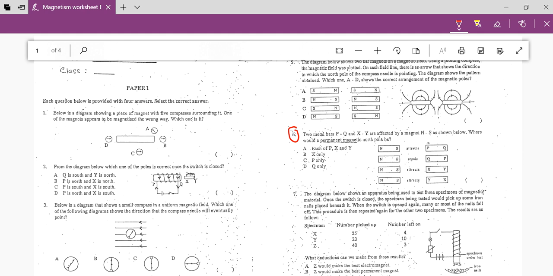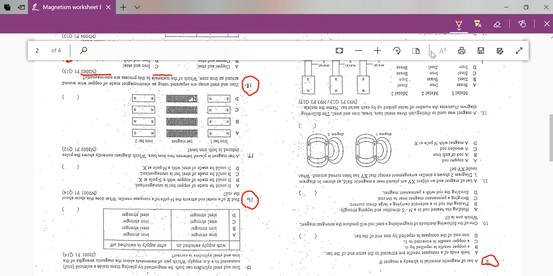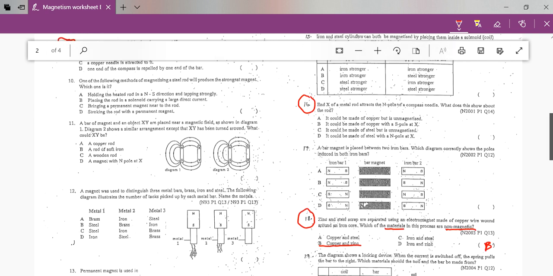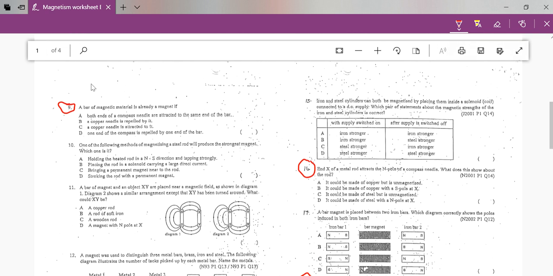Let us look at 3 questions. Can you look at question 6, and if you turn behind, I would also like you to look at question 9 and 16. Okay, 6, 9 and 16.